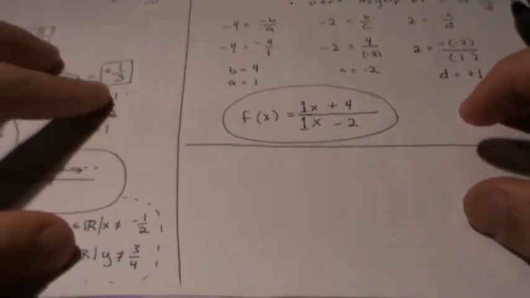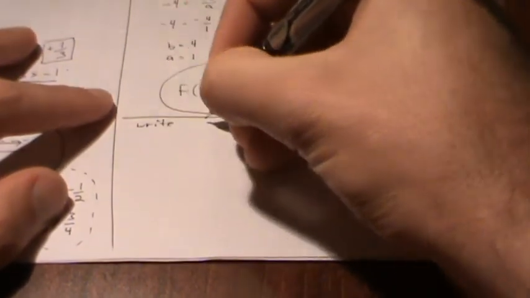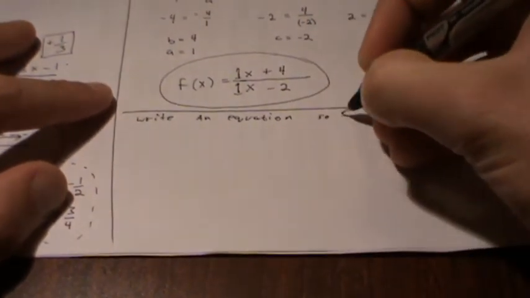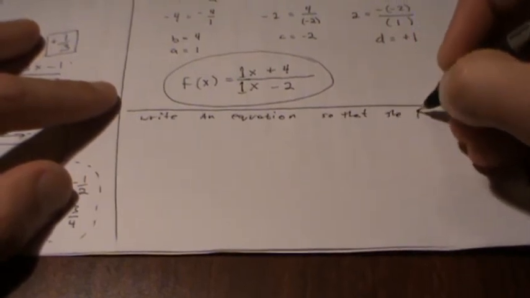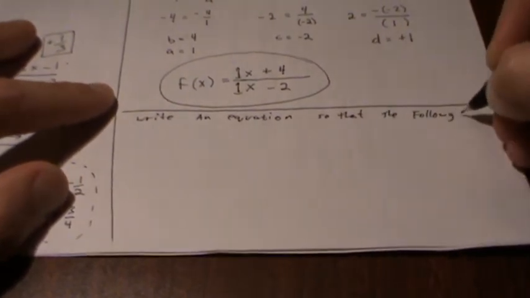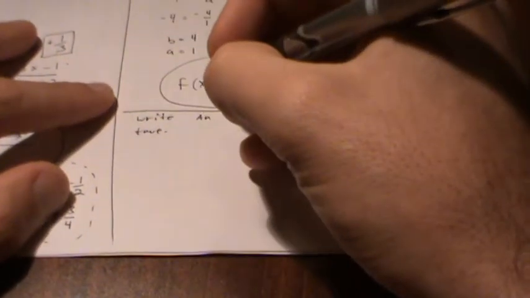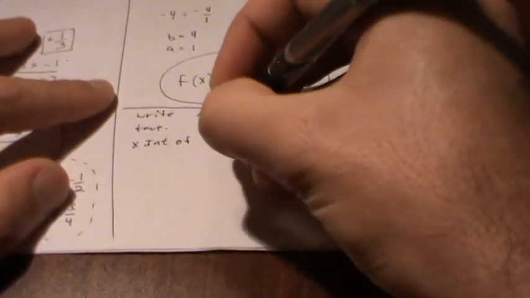Maybe I'll do one more of these, and you can watch it if you need it. Let's see. Write an equation so that the following are true. Okay, so I'm going to have an x-intercept of -3.